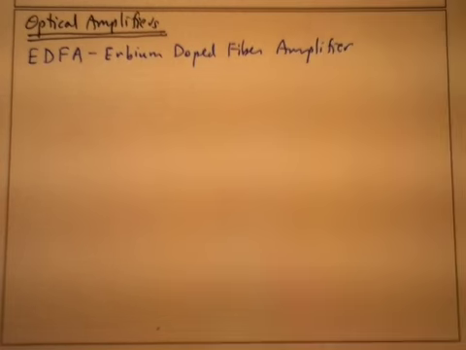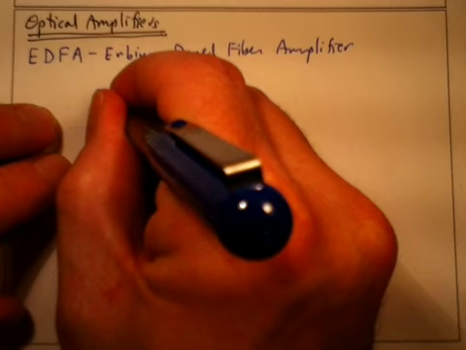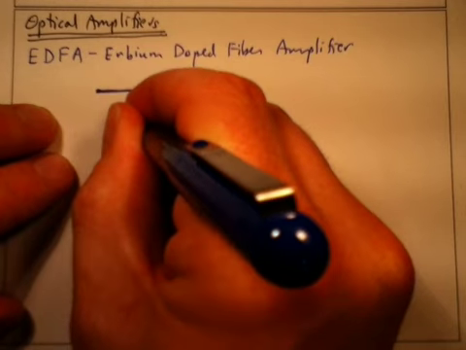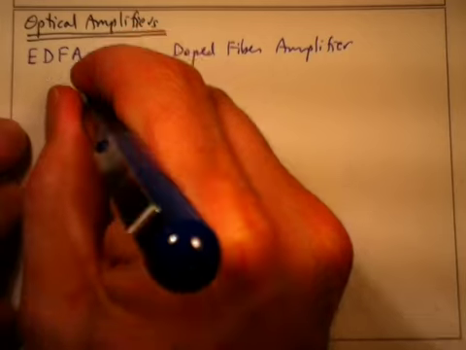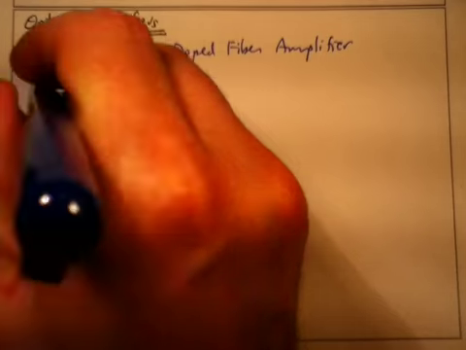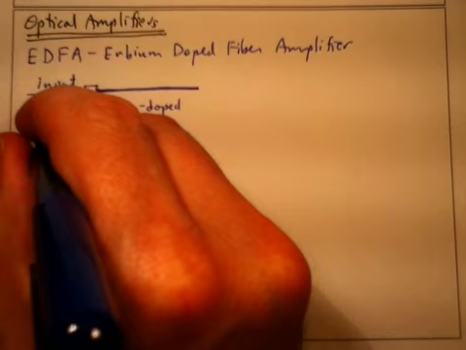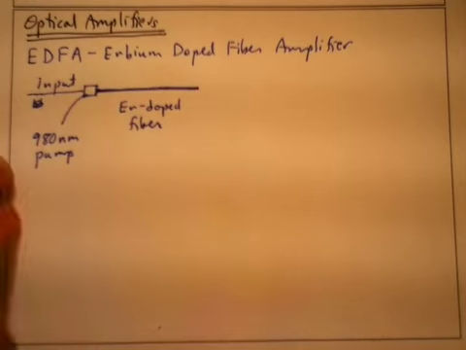The EDFA has a pump wavelength of 980 nanometers, and we have a section of erbium doped fiber here, and we have an input at 1550 in the C band, let's say, and then we have a 980 nanometer pump laser.